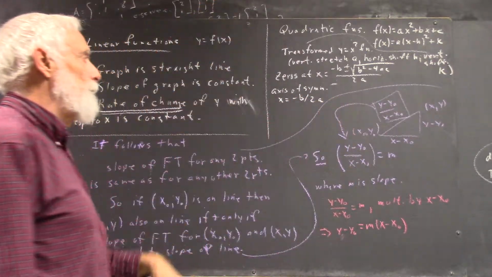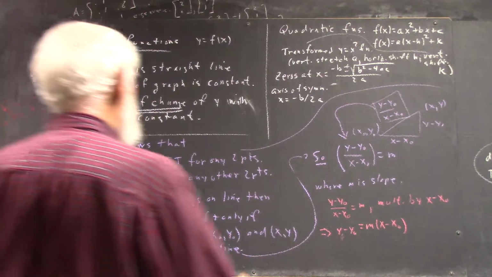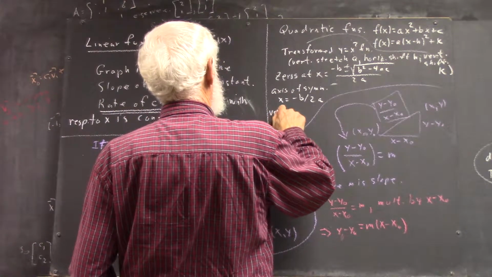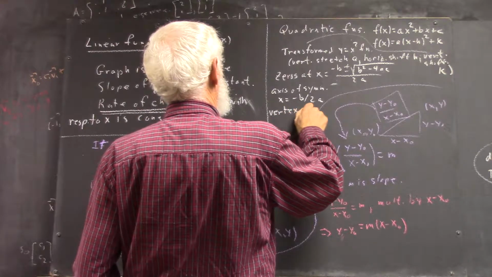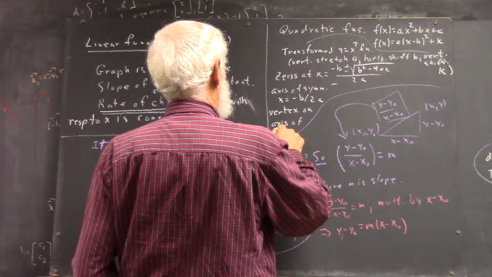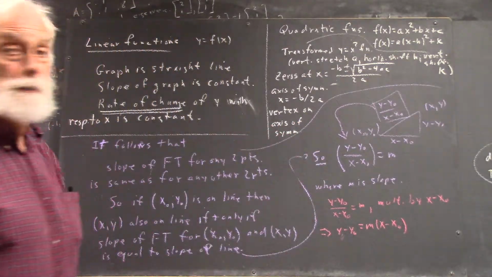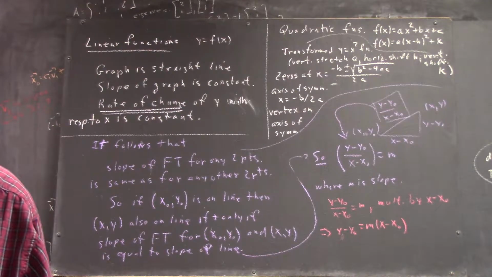X equals negative b over 2a, and vertex on the axis of symmetry. Okay?